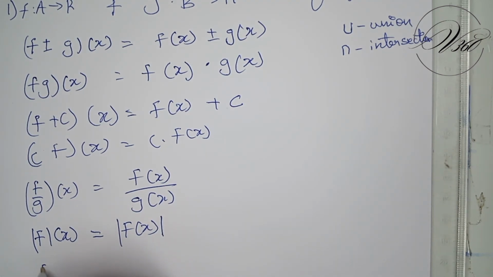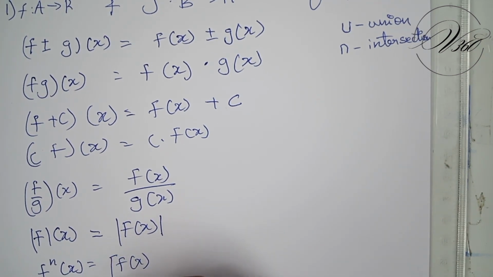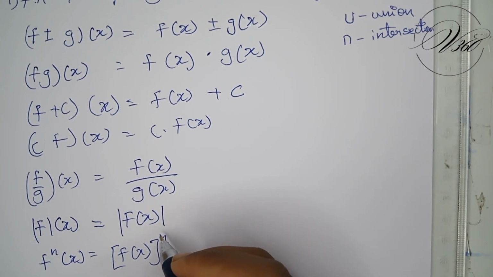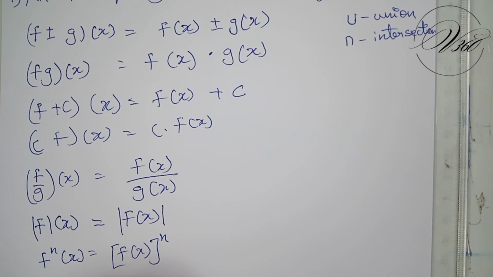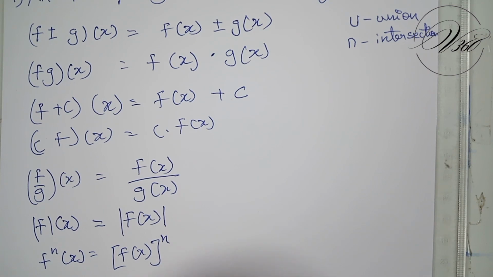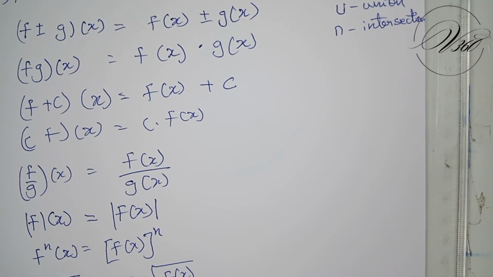Now the next one, f to the power of n of x is equals to f of x whole to the power of n. Now the last formula, but not the least, that is root f of x is equals to under root f of x.